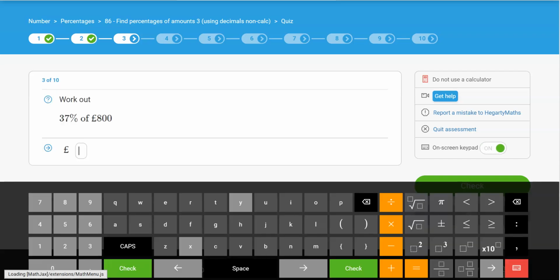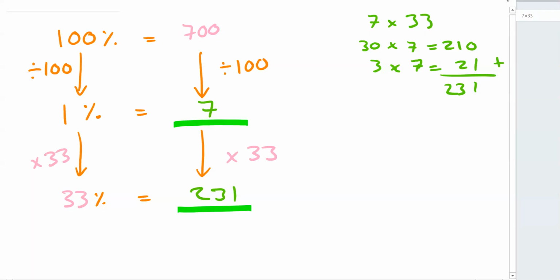Next one. The number is 800 and the percentage is 37. So 800 there, and all of these turn into 37s.